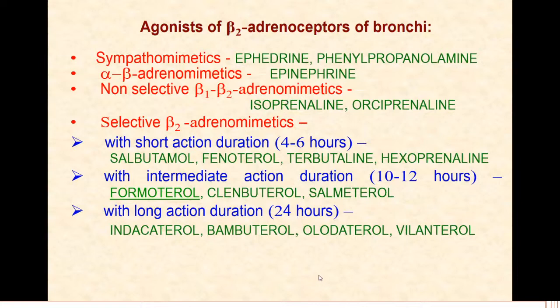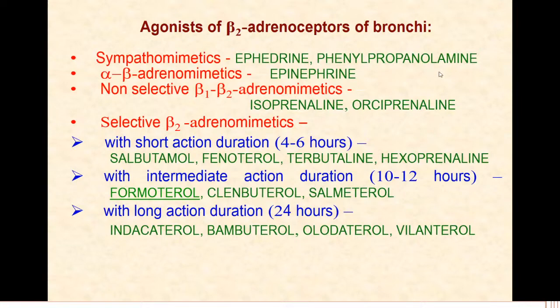And epinephrine nowadays, epinephrine. If an attack is very severe and we use beta-2 adrenomimetics and can't help the patient, we use epinephrine. Epinephrine is a more potent broncholytic than all the rest. So in severe attacks, we are forced to use epinephrine independently of different side effects.